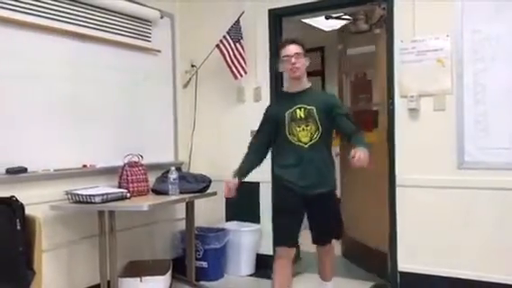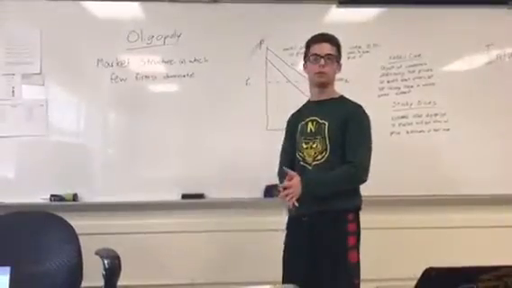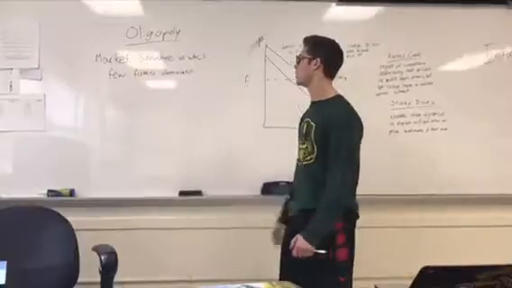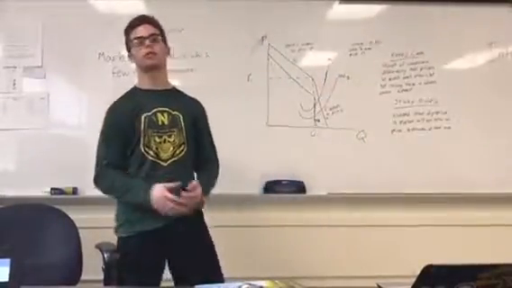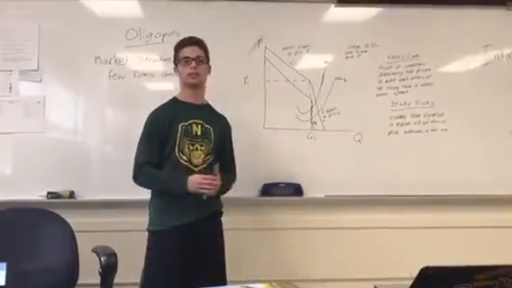Alright class, I'm teaching assistant Brett and we're ready to do some econ. Let's get to it. Alright class, now we're down to the point of oligopolies. It is a market structure in which a few firms dominate, and you can kind of relate this to a cell phone business like AT&T or Verizon.